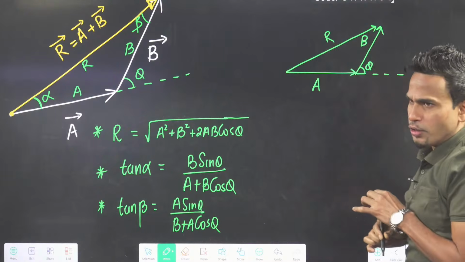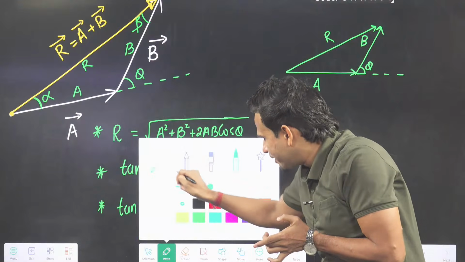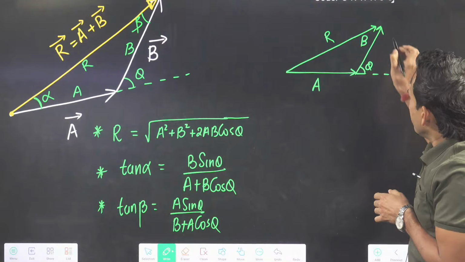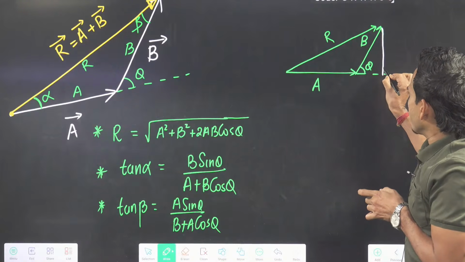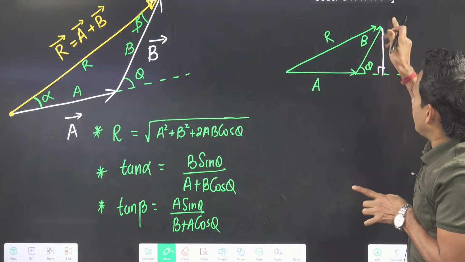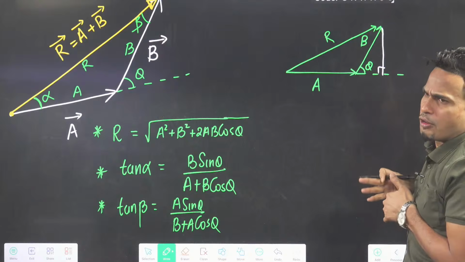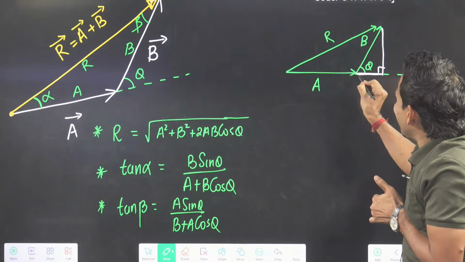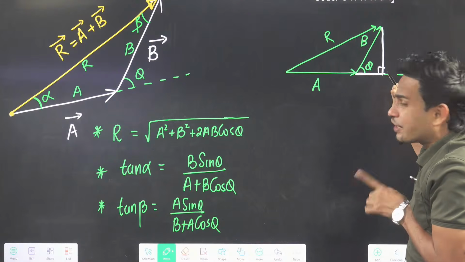Now how do we derive, sir, how do we get these results? From here we drop one perpendicular. In order to derive, we have to drop one perpendicular. Once you drop it, this length and this length you can find using trigonometry.